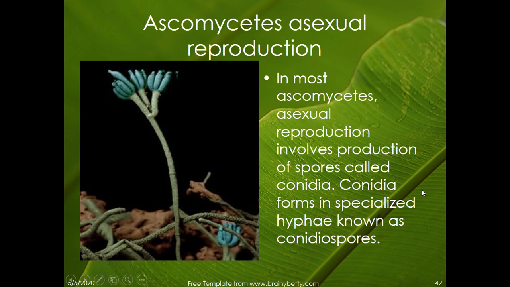So ascomycetes, okay, also have two types of reproduction: sexual and asexual reproduction. First, in asexual reproduction, they produce a spore known as a conidia that is produced from conidiospores.